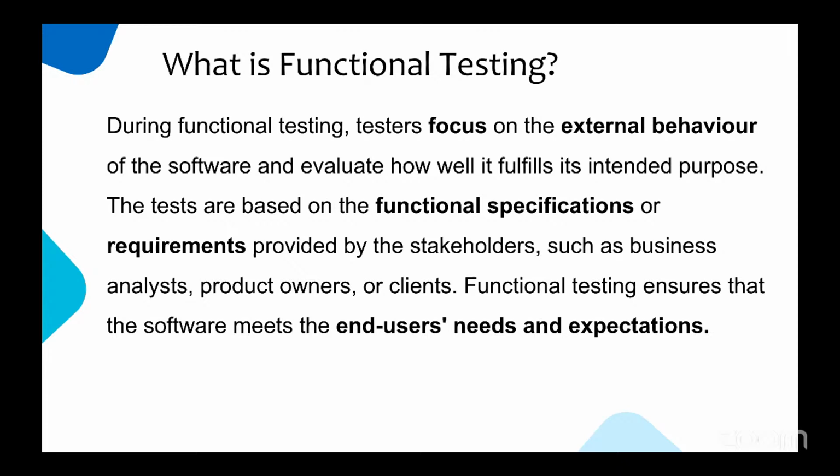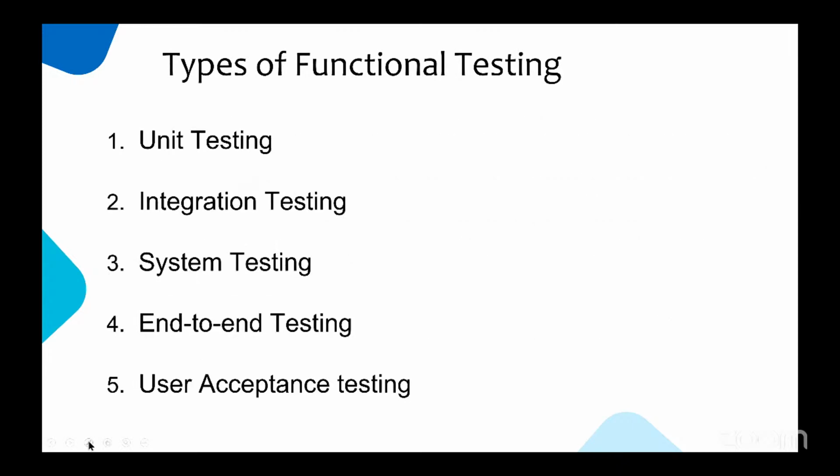Before we start today's topic, let's do a short recap on yesterday's topic, that is the previous class topic. We started with the types of functional testing. Unit testing is done by the developer.